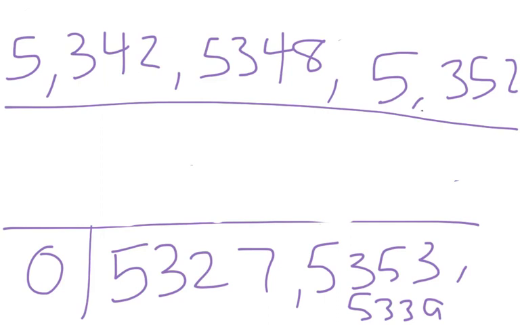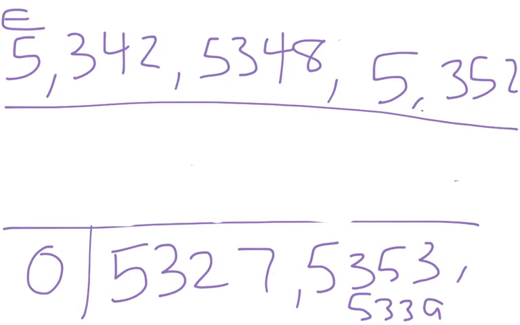So, let me just write evens so we don't forget. There we go. So the odds are down here. We have 5,327, 5,353, 5,339. Please first look at the thousands place. Every single number has a 5 in the thousands place. So that's out of the question. That can't help us. Then we're going to go to the hundreds place. We're going to look at the 3, and the 3. Does that help us?